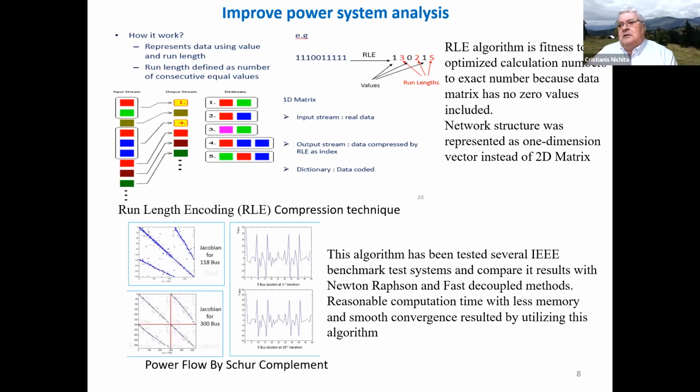So this method is proposed to transform the dimension of the matrix, very hard to implement and manage in computing, into a vector. So instead of a two-dimension matrix, we will try to have a vector that could be managed more easily.